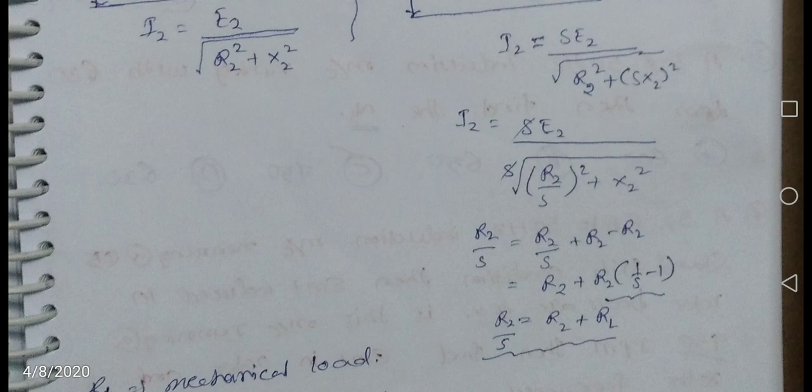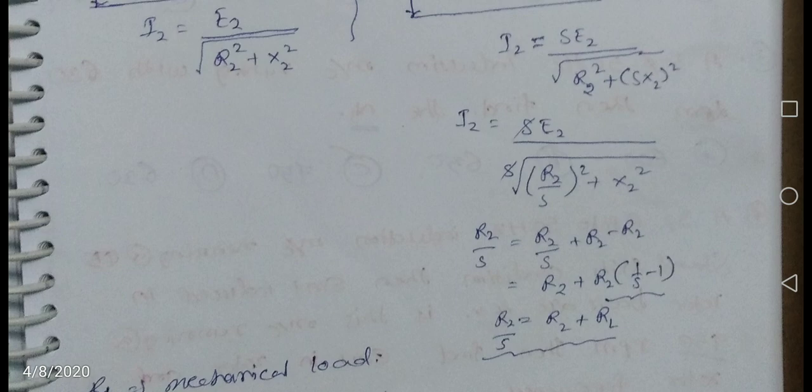In that, R2 by S is taken here. R2 by S on the left side, and on the right-hand side R2 by S plus R2 minus R2. The plus R2 and minus R2 cancel, so the left-hand side R2 by S is equal to the right-hand side R2 by S. This is to simplify the above current equation.